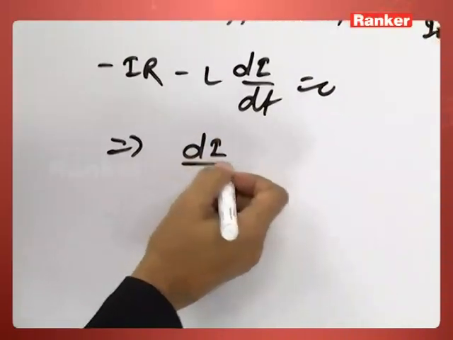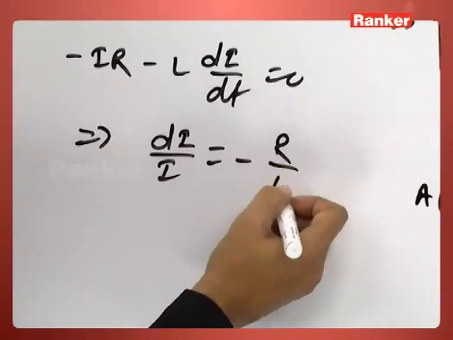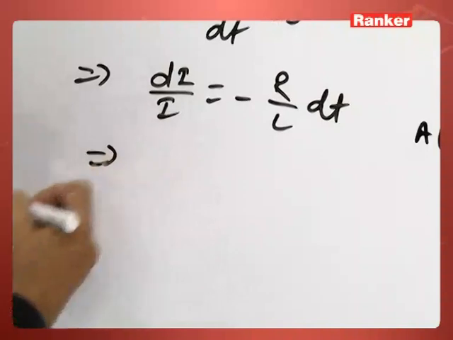So di by I is equal to minus R by L into dt. Now we can simplify.